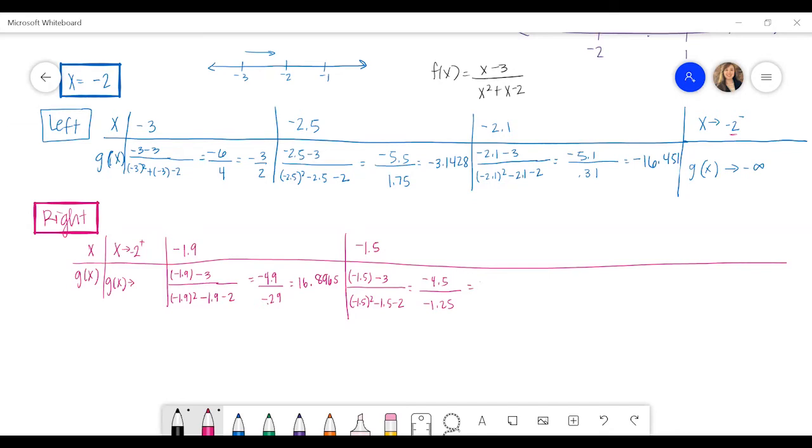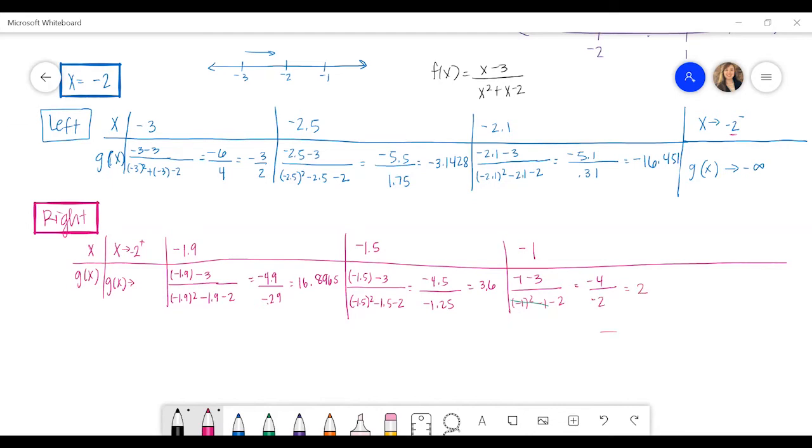Gives us 3.6, and that would be -1. So -1 minus 3, -1 squared minus 1 minus 2. So you've got -4. This would be a +1 and a -1, so those two cancel. Oh, that's crazy. Let's do it this way. Cancel like this, and we are left with -2, which is just a 2.